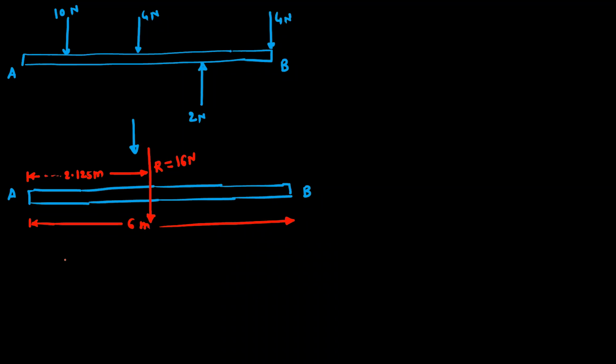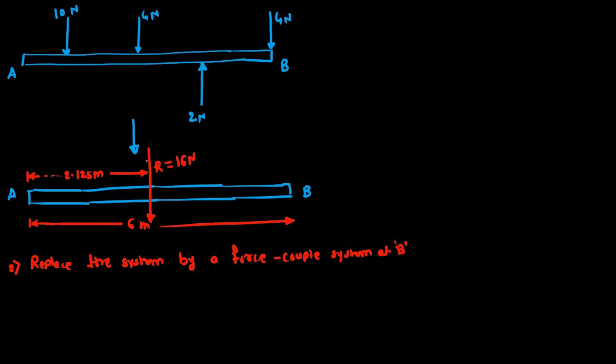Now the second question is, we should replace the original system by a force couple system at point B. In this system, there will be only one force, the resultant force, and there will be one additional couple at point B. So for that, we'll just shift this force to the right side at point B. But when we shift the force to point B, it will change the effect of this system.